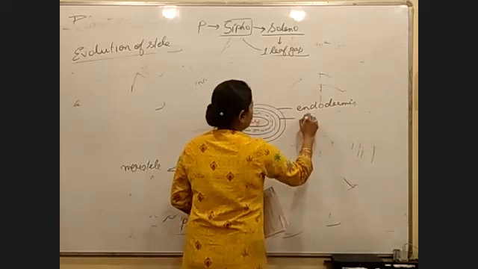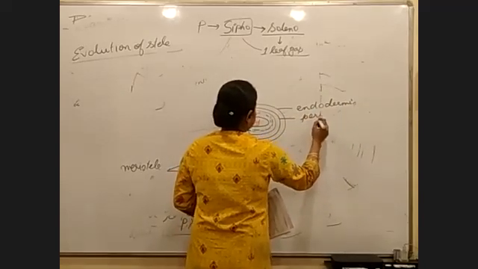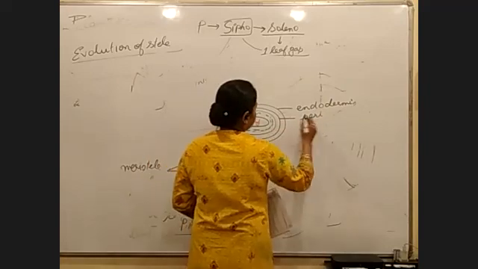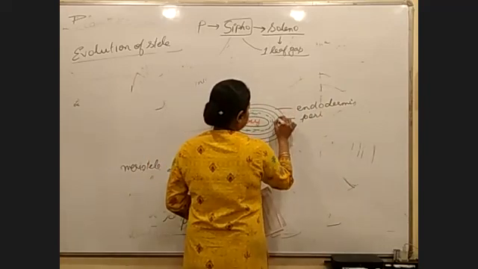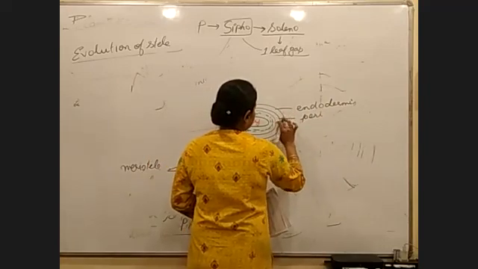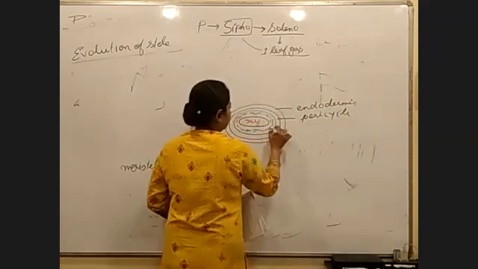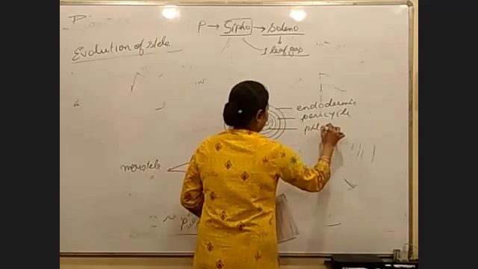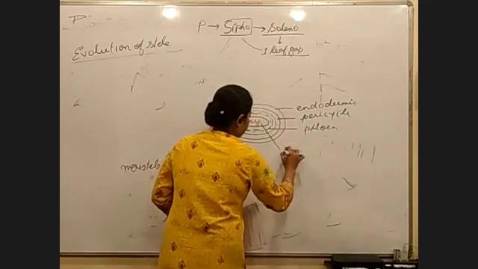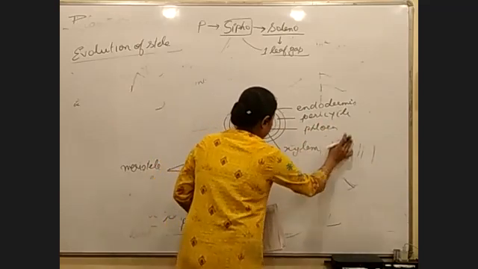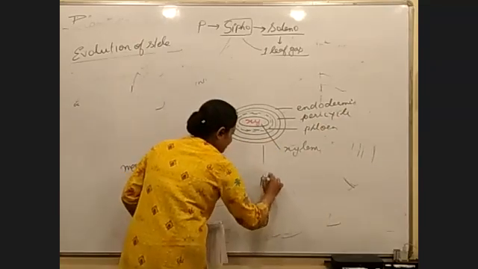Endodermis, pericycle, phloem, xylem. এটু কি হয়?